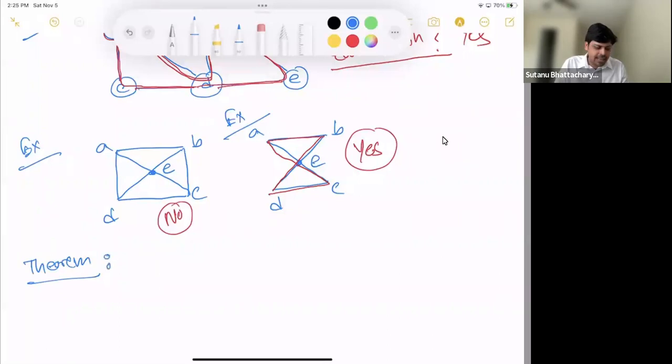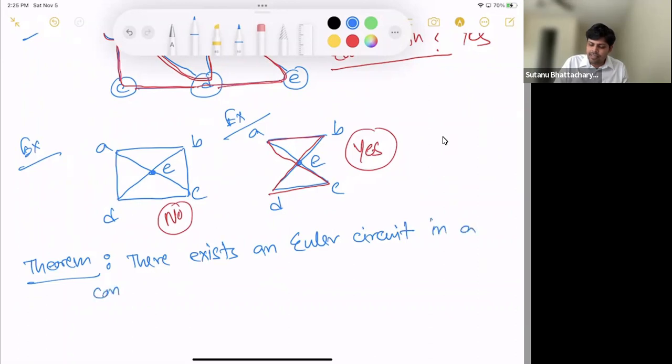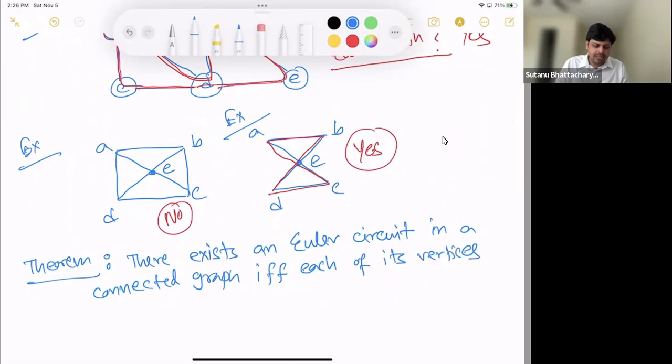The theorem is saying that there exists an Euler circuit in a connected graph if and only if each of its vertices has even degree.